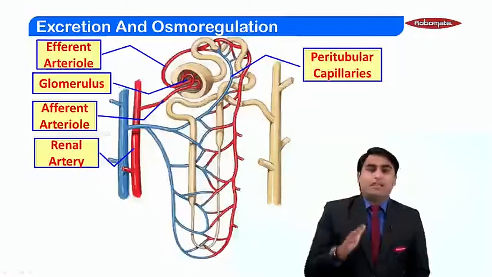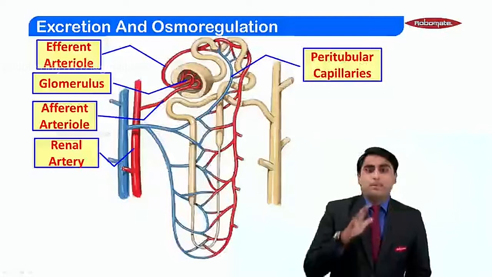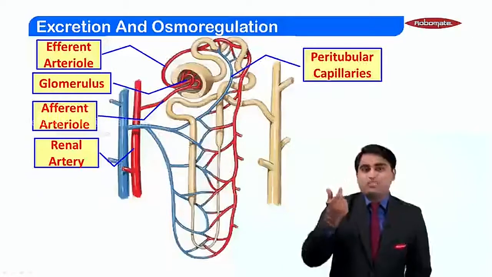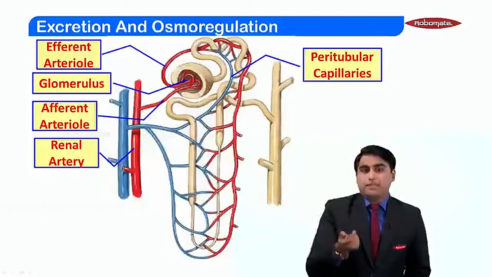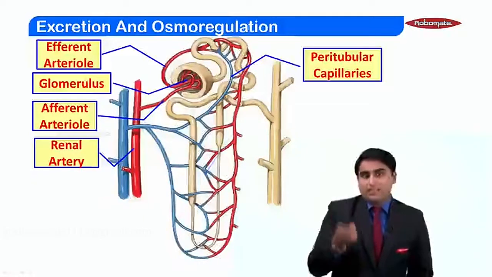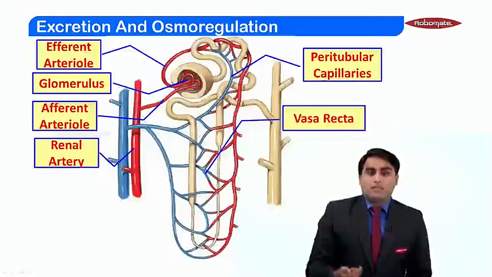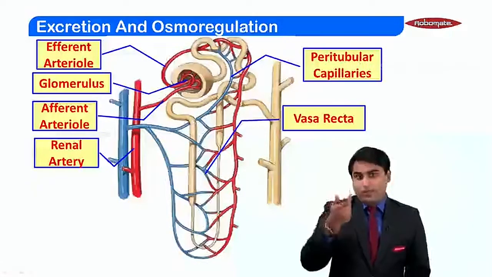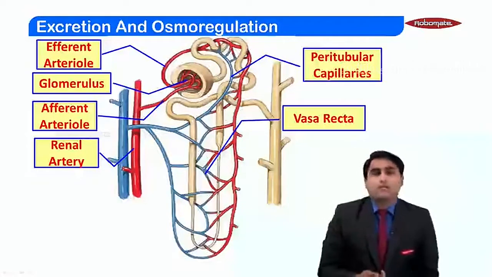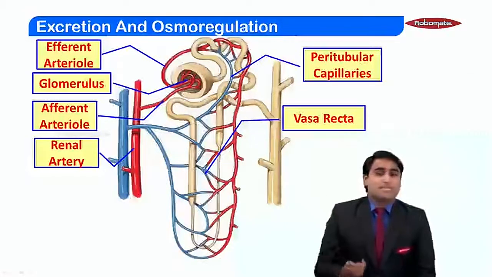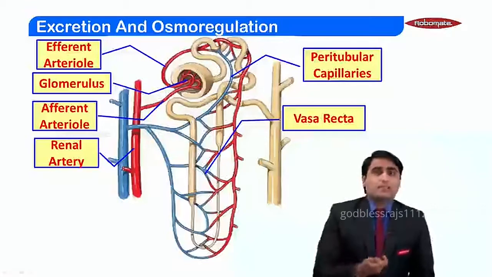Now, after dividing into various capillaries, the peritubular capillaries become very straight. If you observe the peritubular capillaries over the loop of Henle, they are very straight, and these straight peritubular capillaries located on the loop of Henle are called vasa recta. Vasa meaning blood vessel and recta meaning straight.